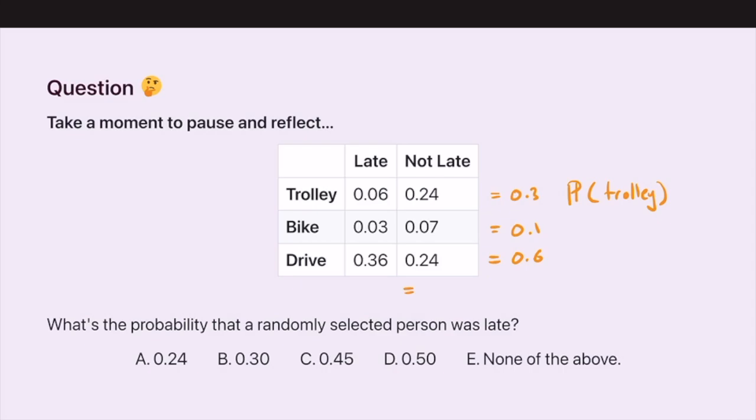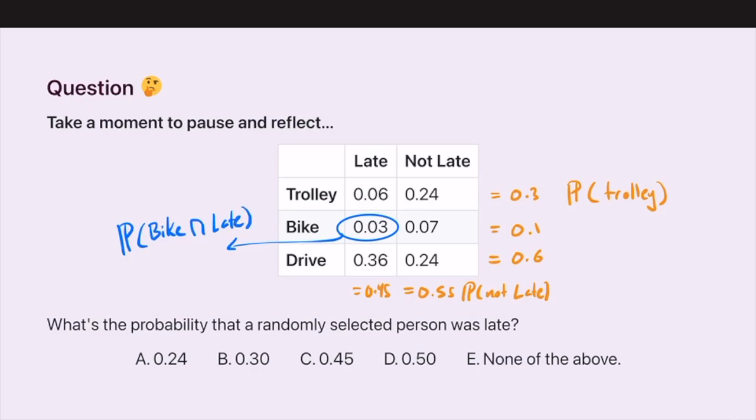And then this one is 0.55, and that's the probability of not being late. And this one is equal to 0.45, the probability of being late. And remember what we said before. For example, the bike, this one is the probability of taking the bike and being late.